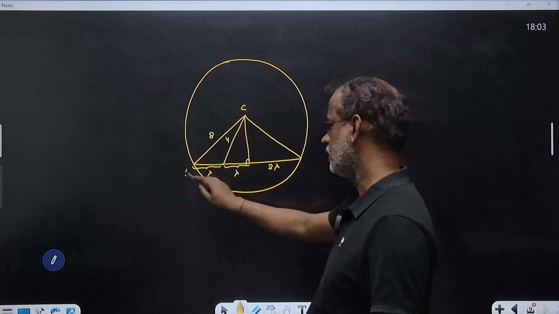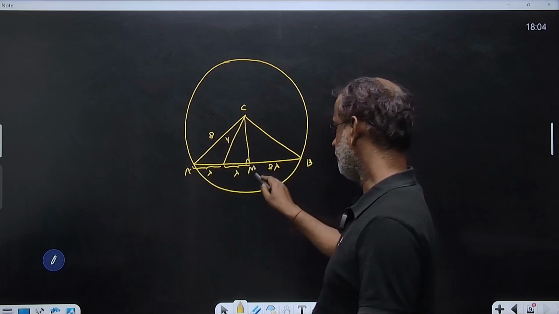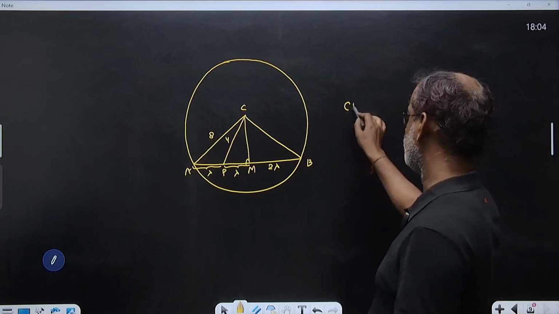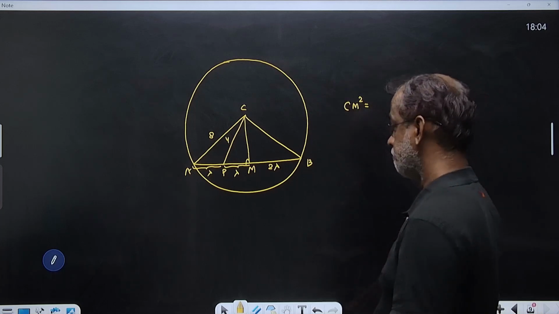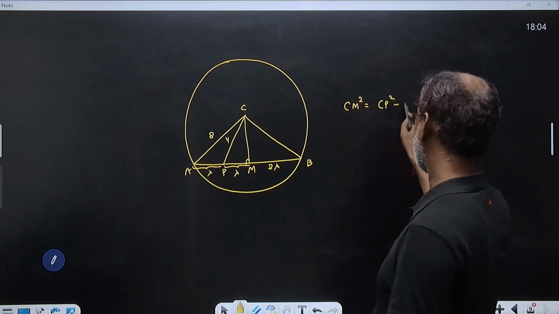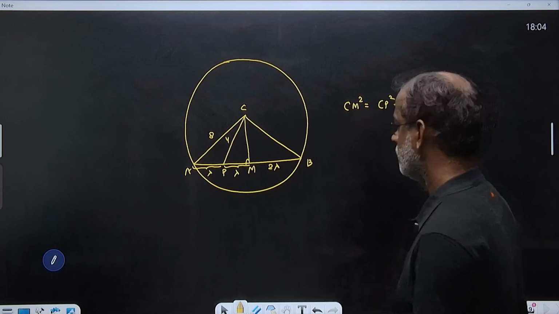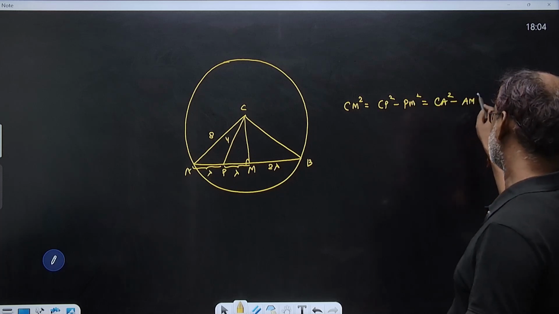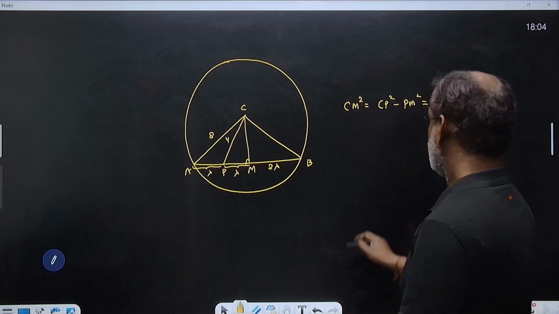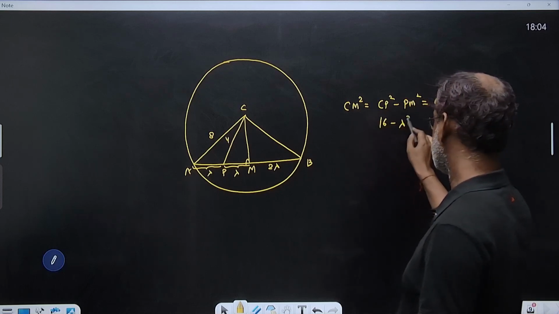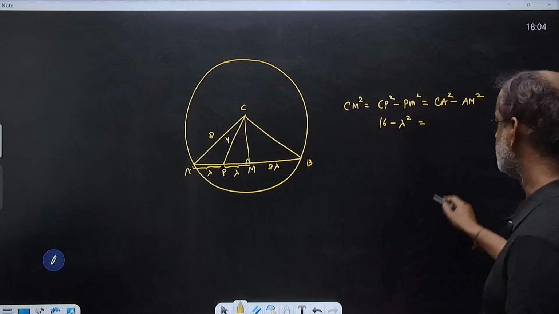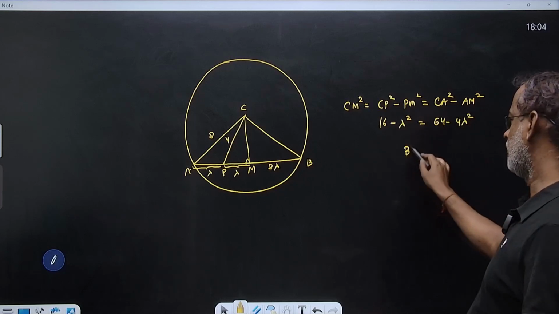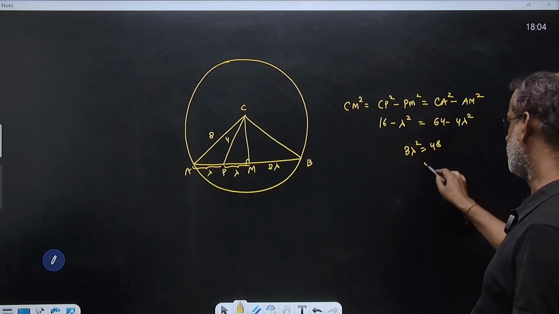Suppose this is CM P. So, by Pythagoras theorem we would say CM square is CP square minus PM square, and 16 minus lambda square is, so 3 lambda square is 48.